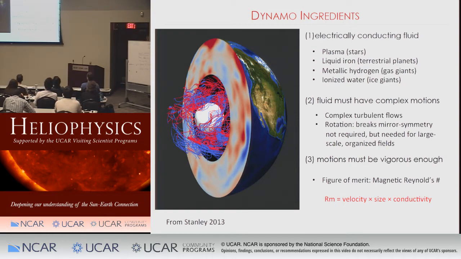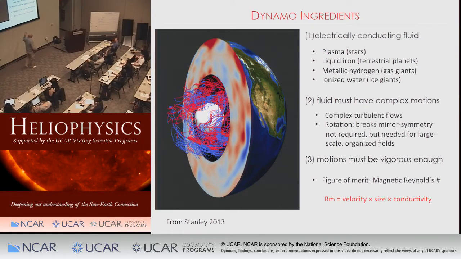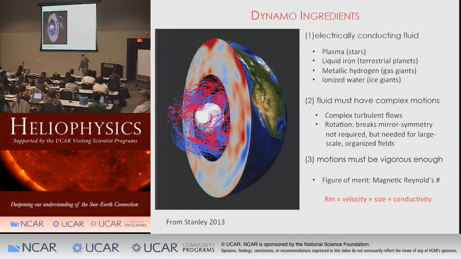We have things that are thousands of kilometers across. The velocities are not always screaming fast. On the sun they are, kilometers to tens of kilometers per second. So that's not piddling. But in the Earth's core, very small. But when you multiply these all out, you get a big number. Okay, so that's sort of the big picture.